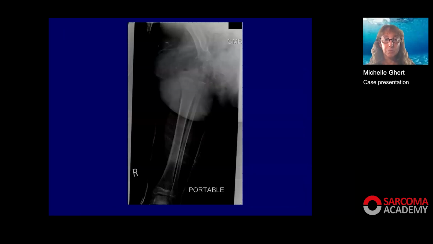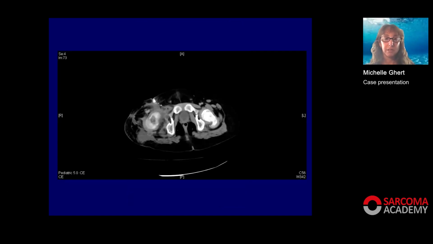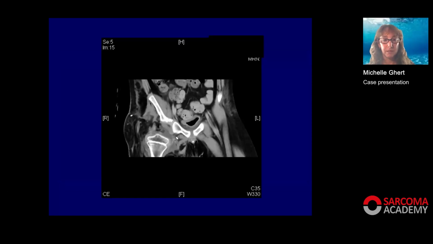So these are the initial post-op x-rays. You can see that the tibia is reapproximated to the acetabulum, and there are lots of vessel clips. This is initial post-op imaging. There's been no weight bearing at this point. That's why the tibia is not really sitting well in the acetabulum.